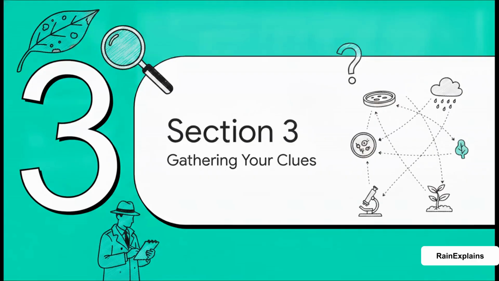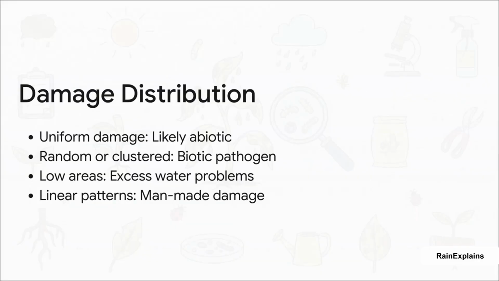All right, Section 3, gathering your clues. With our disease triangle framework in our back pocket, let's look at how a smart detective maps the crime scene to narrow down that suspect list. The spatial arrangement of sick plants tells a huge part of the story here. If you see totally uniform damage, like say every single leaf on a plant, or an entire row of completely different species turning brown all at once, that screams abiotic stress.